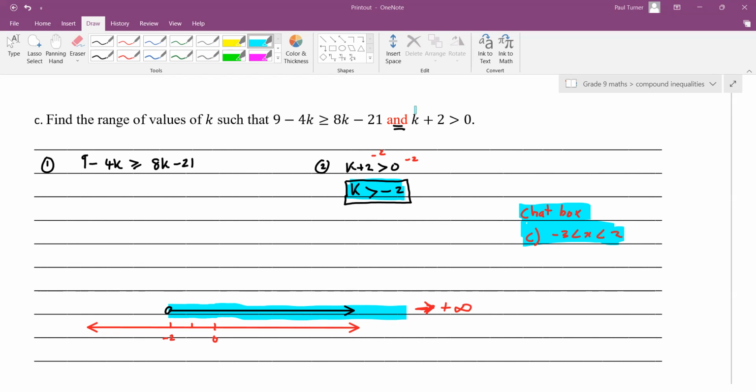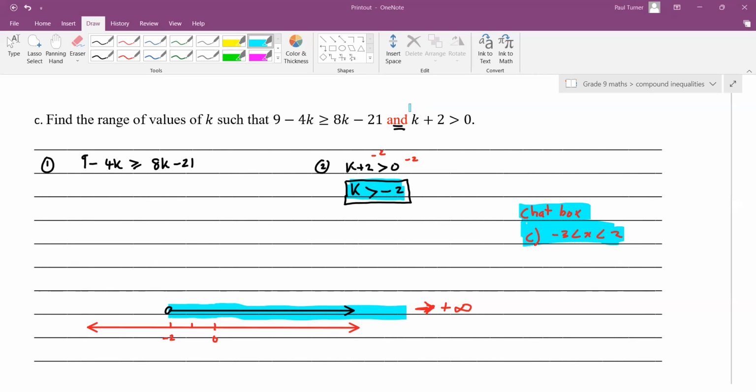So just rearrange your equation a bit. Okay, keep going.